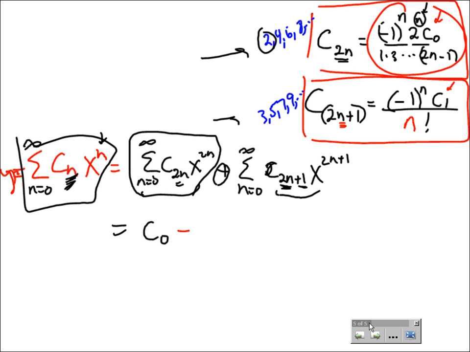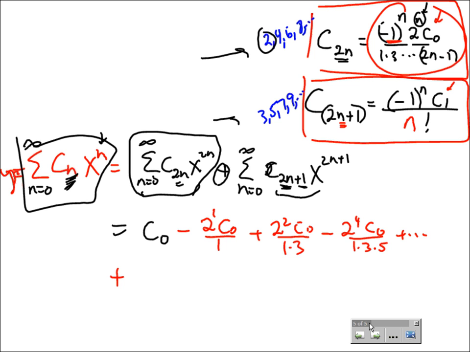You get negative 2 to the 1 c0 over 1, plus, now n is 2, so you get negative 1 squared, which is positive, and then you get 2 squared c sub 0 over 1 times 3, and then you get minus 2 to the 4 c0 over 1 times 3 times 5, etc.